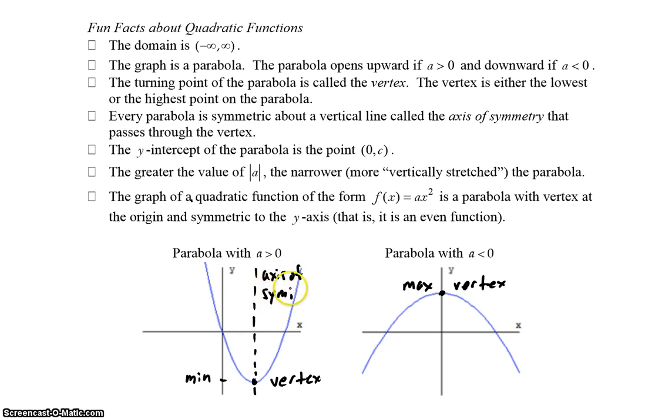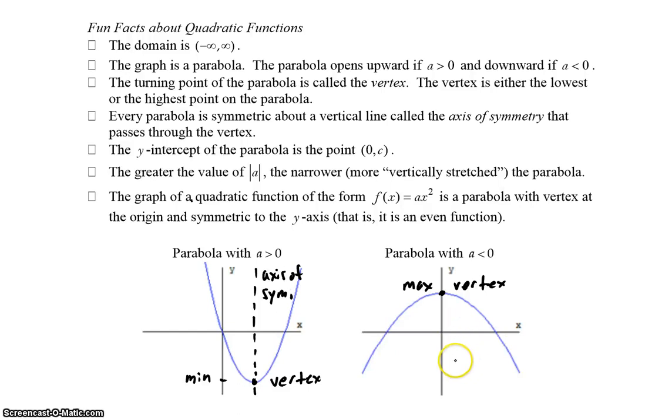For the second graph, the axis of symmetry, notice, is the y-axis itself. This is actually the case for the squaring function. The y-axis acts as the axis of symmetry, and in such cases it means that you're dealing with an even function, because even functions have graphs that are symmetric about the y-axis.